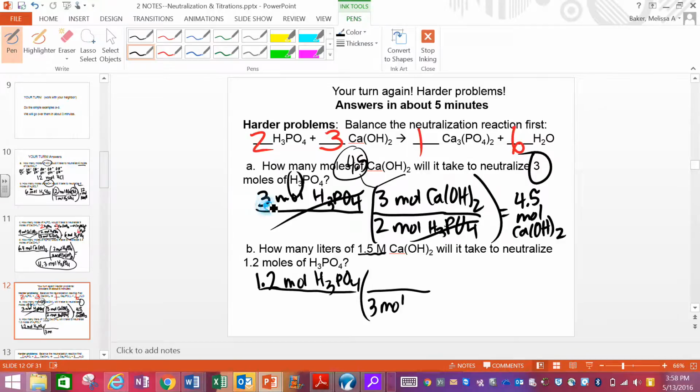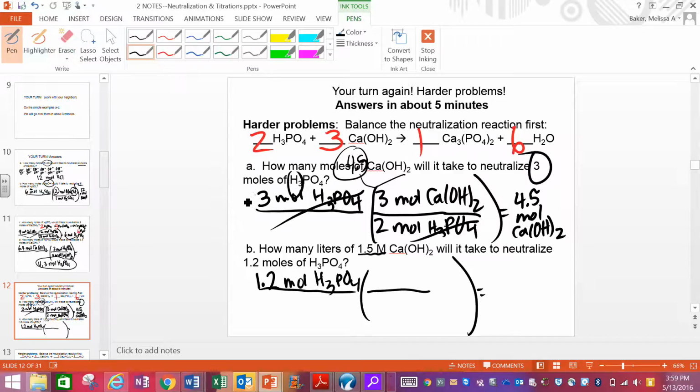For every 3 moles of calcium hydroxide, we need 2 moles of H3PO4. So 1.2 times 2. Oops, I did this wrong. I set it up wrong. You've got to make sure your units cancel out. Let's try this one more time. Sorry, you were probably going, what the heck is she doing?